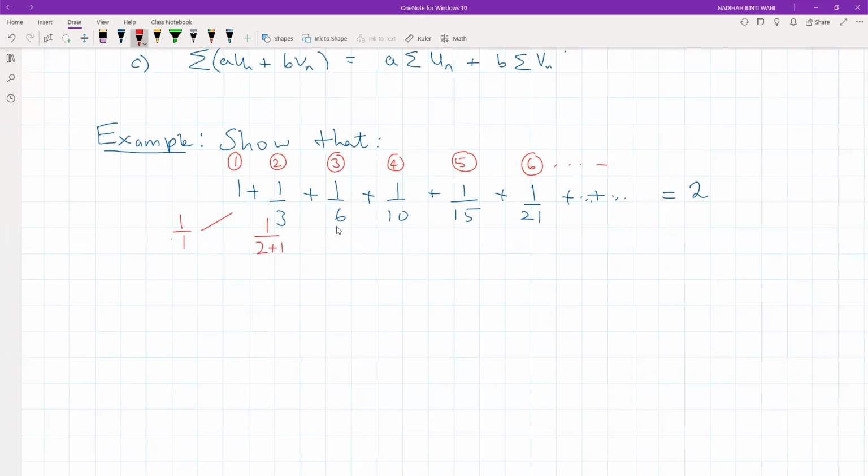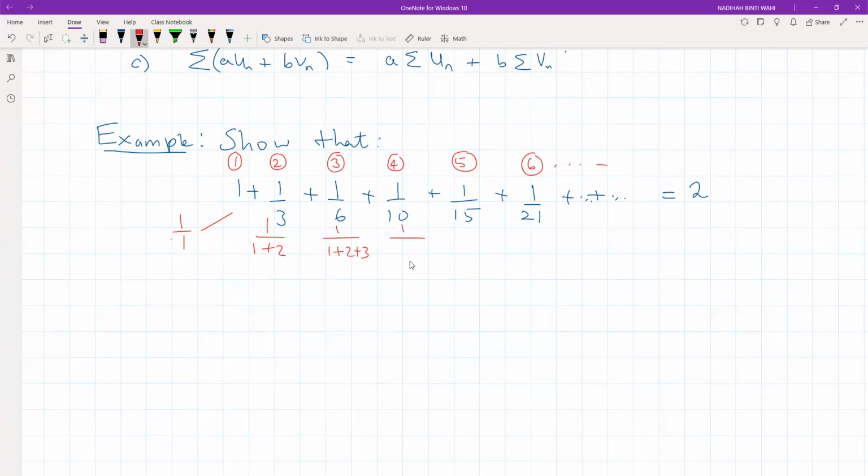And this is 2 plus 3 plus 6 plus 1. I think I can write in this manner: 1 plus 2, and then this is like 1 plus 2 plus 3.